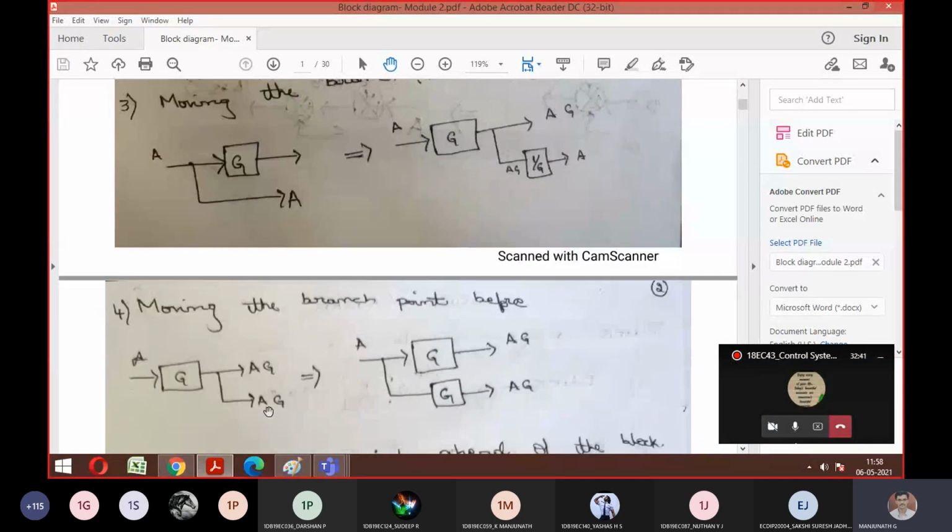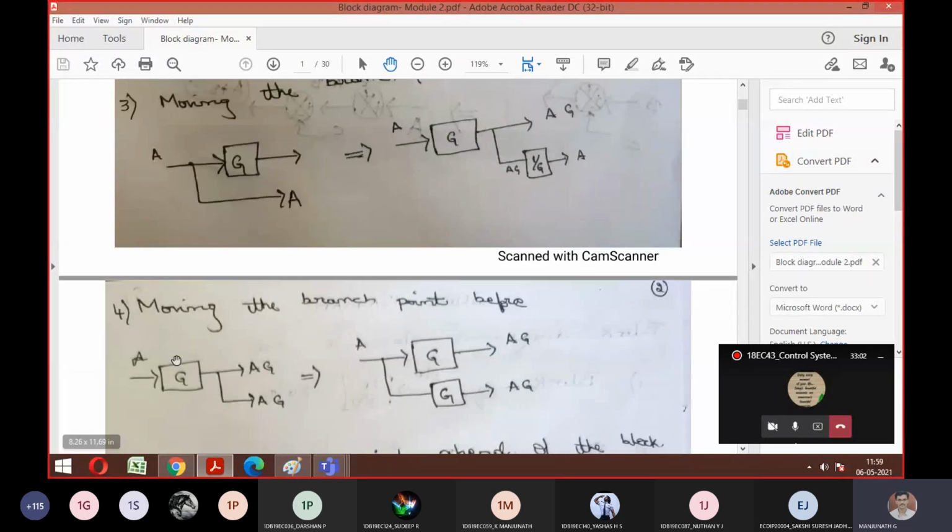So moving the branch point before the block. Currently it is present here. If you want some operations such that the reduction is not at all possible, then I can take this to this point such that I multiply with only G, because earlier I did 1 by G, right? If you take the reverse operation, what should I multiply here?